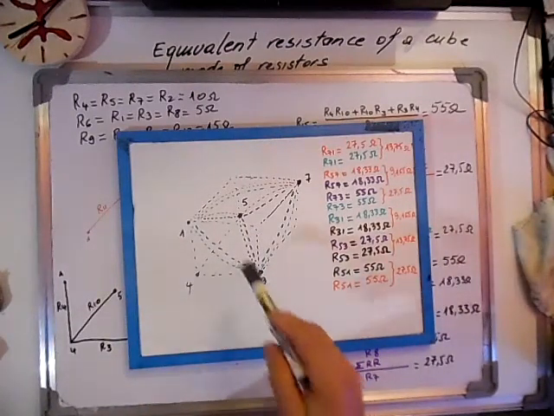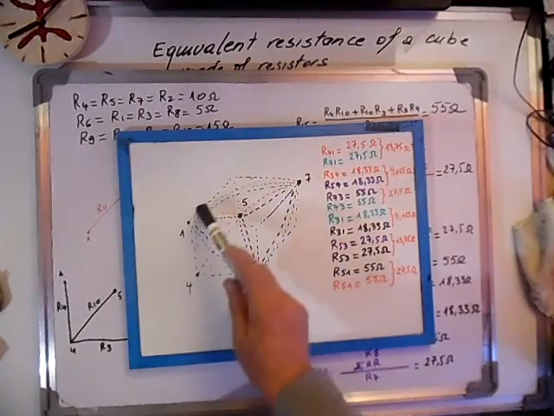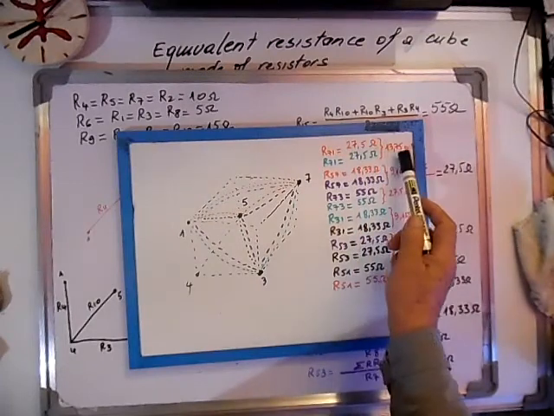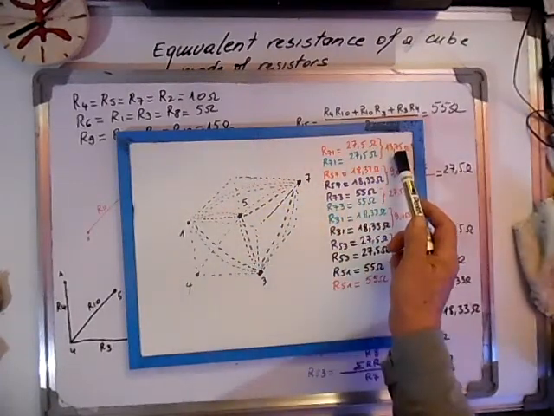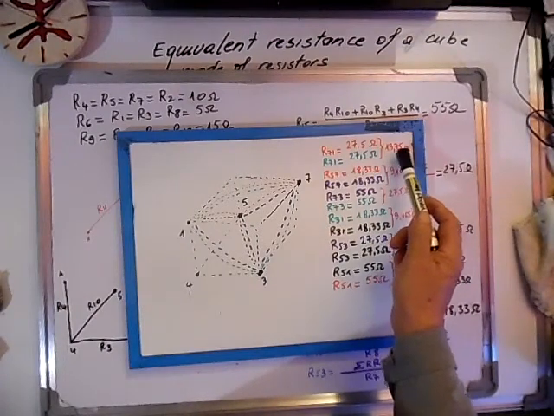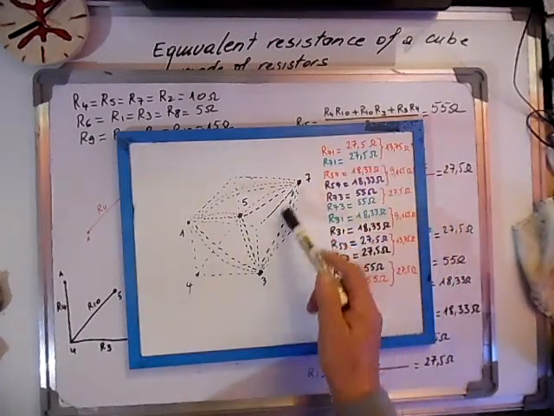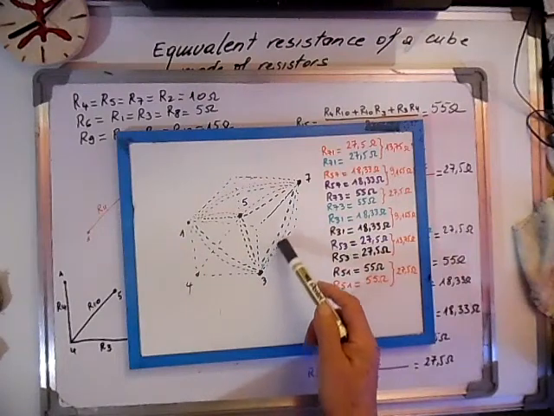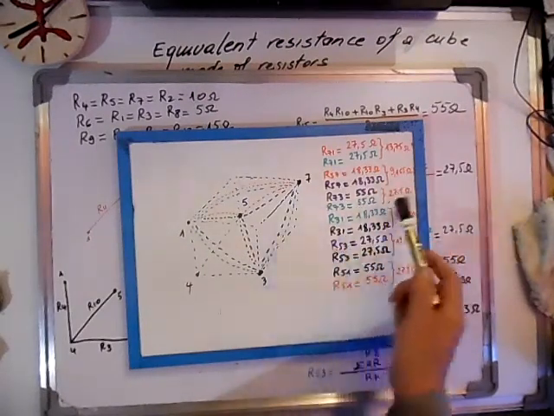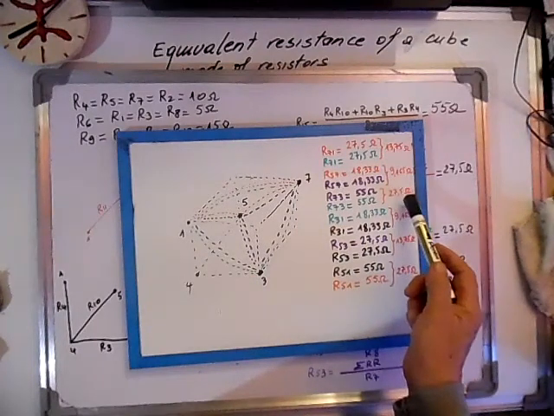So, as I said, 7-1 there is a green one and a red one. So we calculate the equivalent resistance. It's 13.75. This is half. Here the blue and the green, 7-3, half is 27.5.